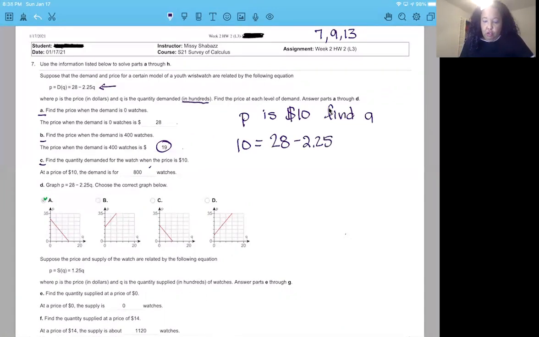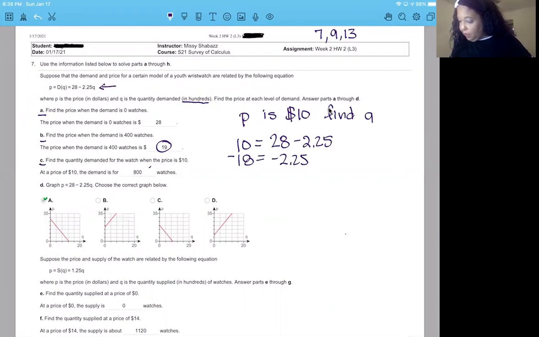So I'm going to subtract 28. So I get negative 18 equals negative 2.25Q. So 18 divided by 2.25 gives me 8. So Q equals 8, but again, that is in hundreds, so that's 800 watches.